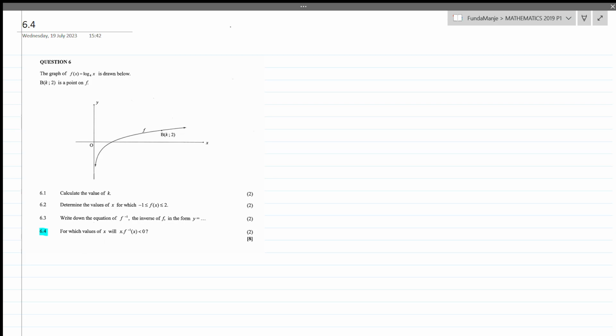6.4 says, for which values of x will x multiplied by the inverse of f be smaller or equal to 0? So I'll draw a quick sketch of what the inverse would look like. So our inverse function would look something like this.